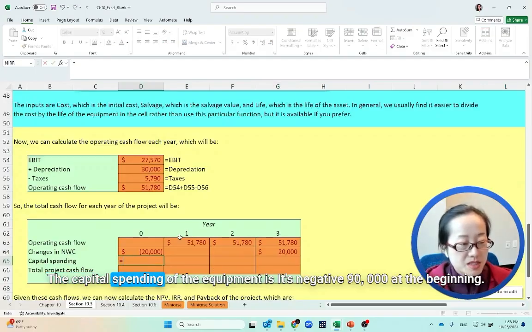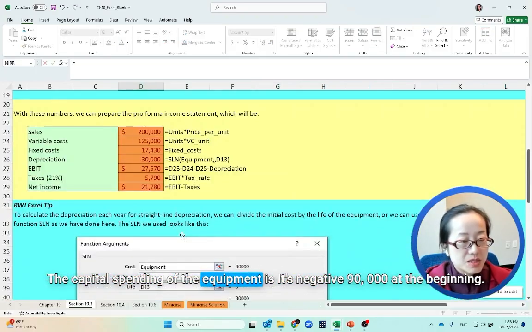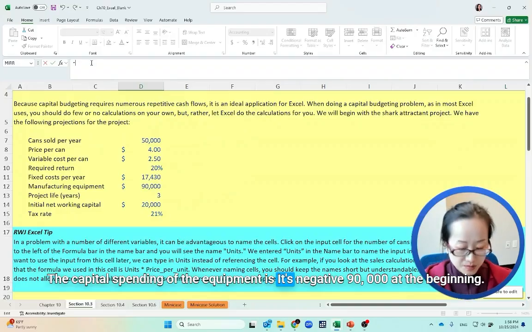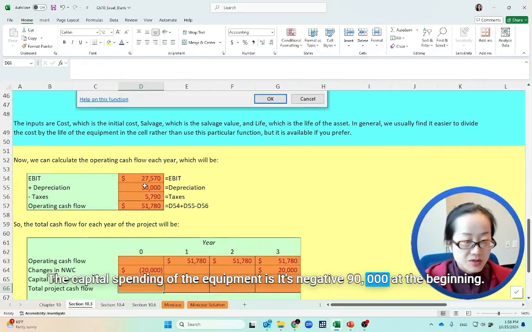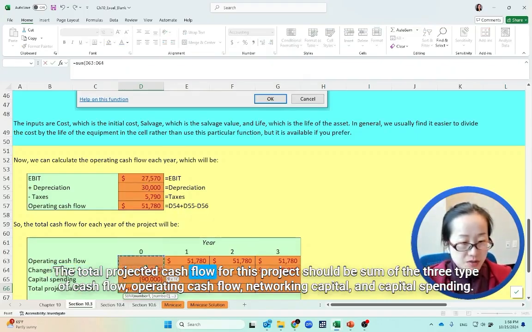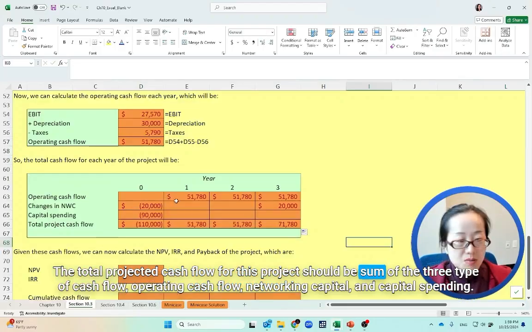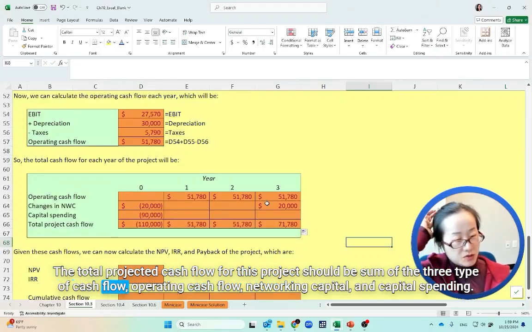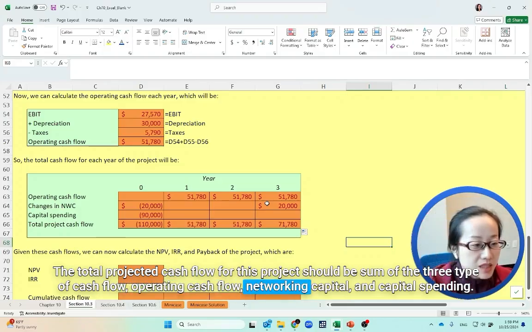The capital spending of the equipment is 90,000 at the beginning. The total projected cash flow for this project should be the sum of the three types of cash flow: operating cash flow, net working capital, and capital spending.